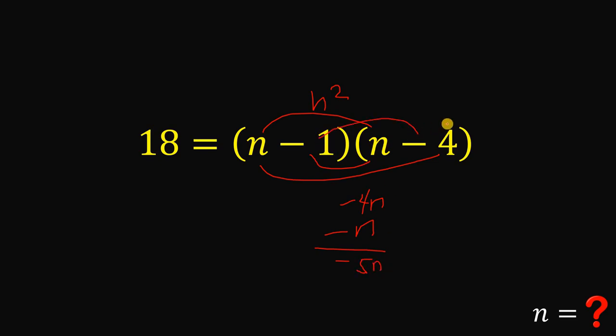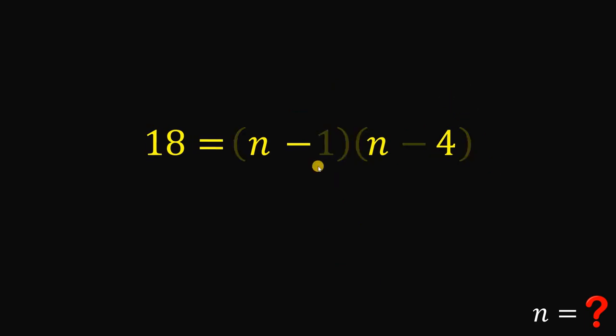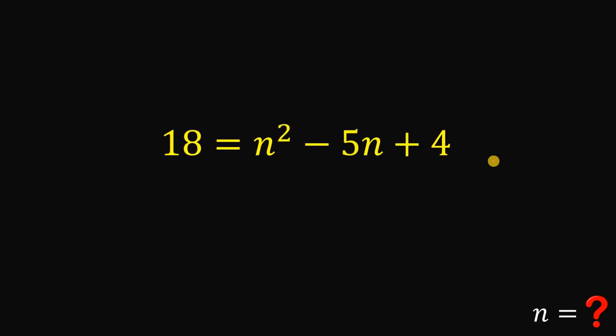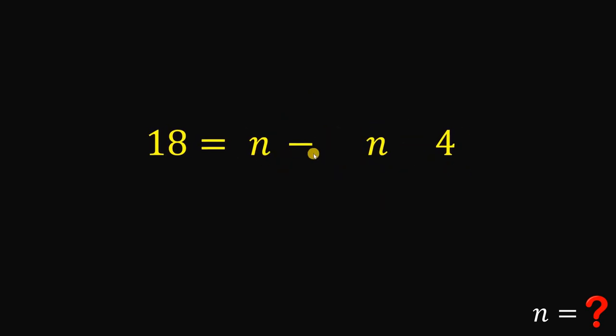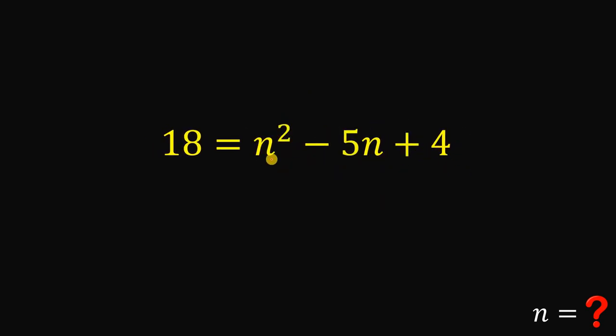And negative 1 times negative 4 gives us positive 4. So the right-hand side of our equation can be written as n squared minus 5n plus 4. Now, let's subtract 18 on both sides.